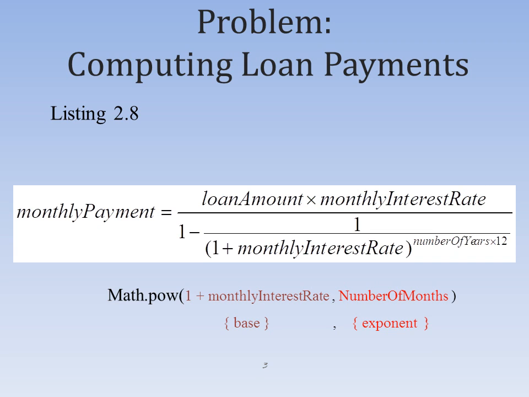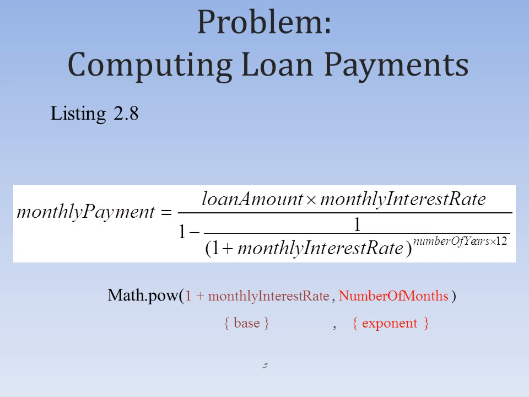Recall that I mentioned that the math class, much like the system class, is built in to the Java development kit. We don't have to import the math class. It's already there. And the math class has a method called pow. The result of pow is that it returns a double, so we'll compute a double value.